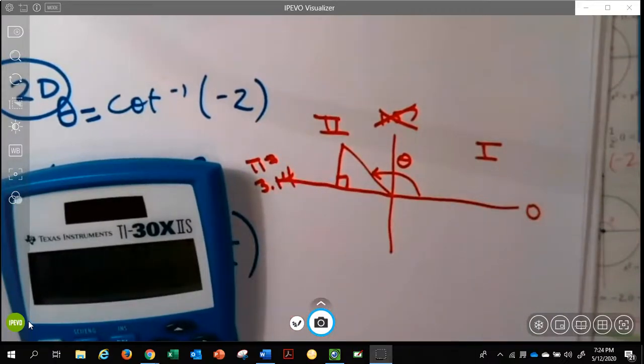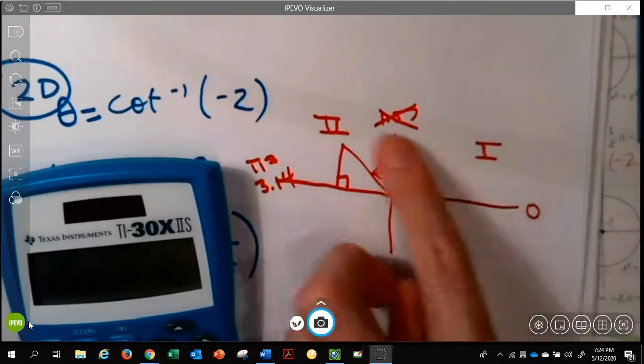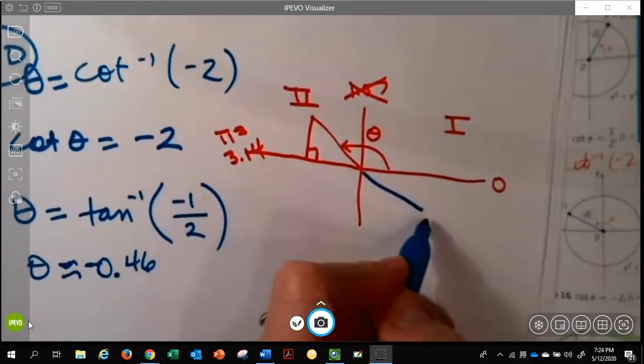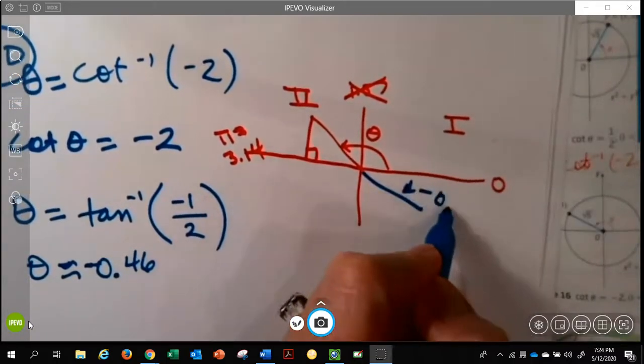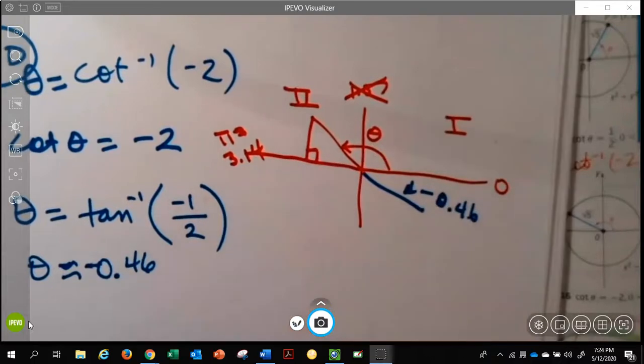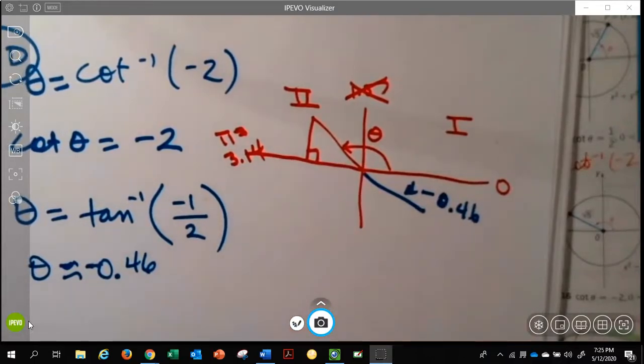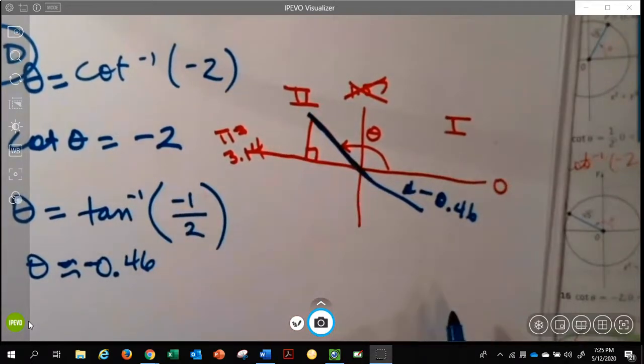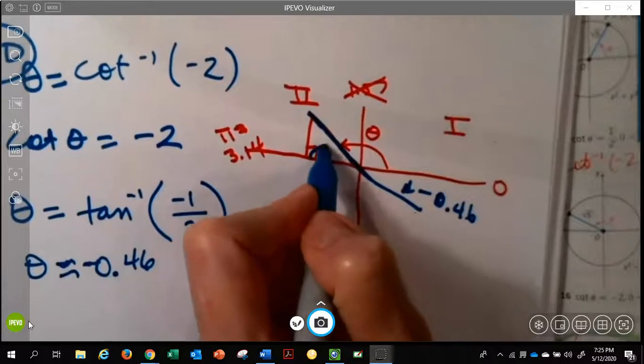So my answer better be between 0 and 3.14. I got -0.46, but I cannot turn that in as my answer. It is not in an appropriate quadrant for an inverse cotangent. But it does have a reference angle that I can use now.